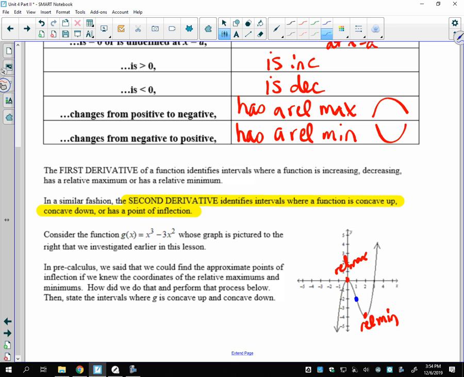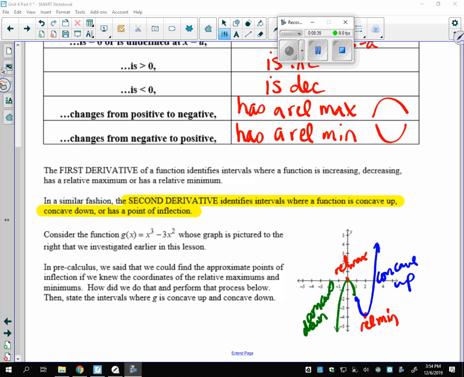Roughly about halfway in between there. This side of the graph would be concave down, which means your tangent lines are all above that line. And then this side, we call this concave up. So we're going to work with the second derivative a little bit more in this chapter.